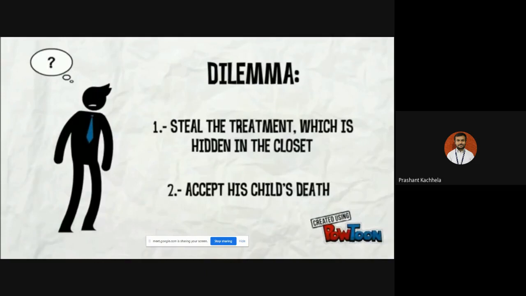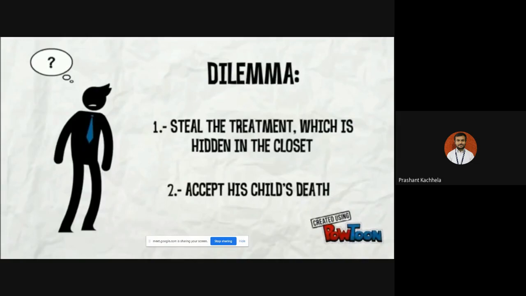And the hospital staff says that this is going to cost a big amount. First of all, you need to pay the price, which is 10 lakh rupees. So the hospital staff demanded that you pay 10 lakh rupees. That's the price that you have to pay.